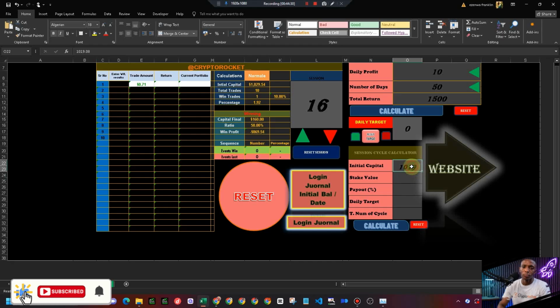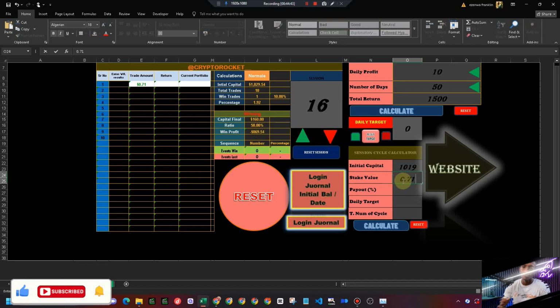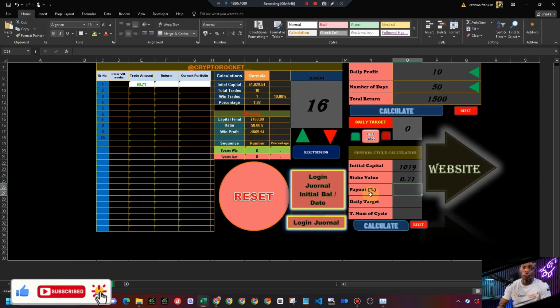So there is a dot there. And we have stake value, which is 0.71, and we have our payout.